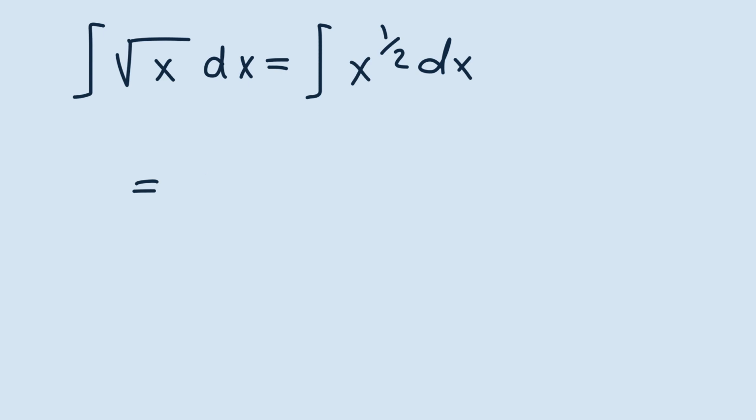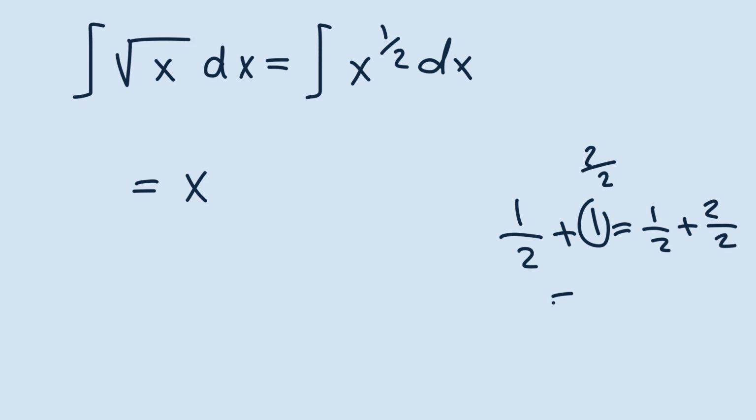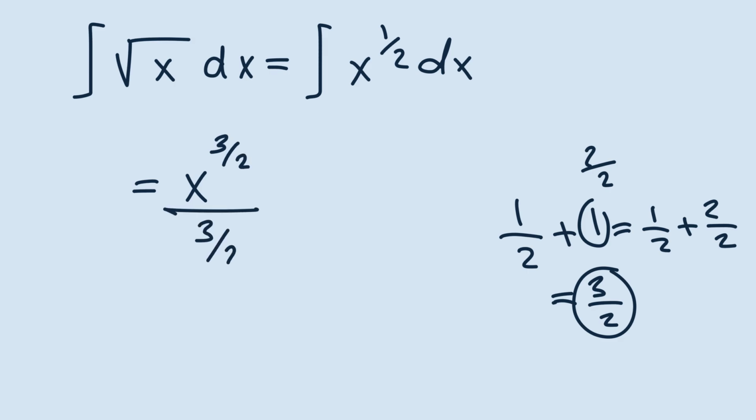I have to add 1 to the index or the power of this variable, which is 1 over 2. So 1 over 2 plus 1. We can write 1 as 2 over 2, so 1 over 2 plus 2 over 2 will be 3 over 2. So the new power will be 3 over 2, divided by 3 over 2, plus c.